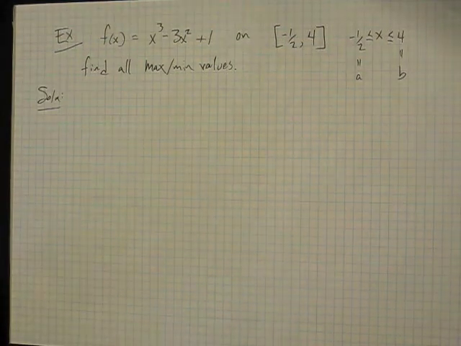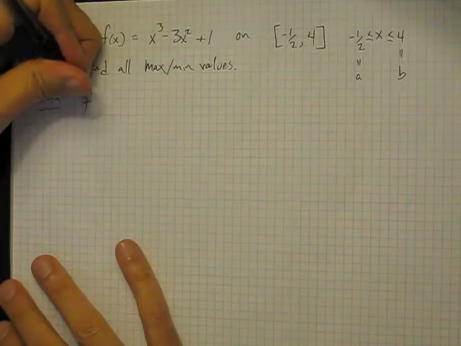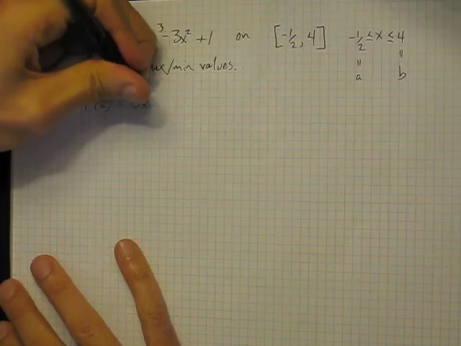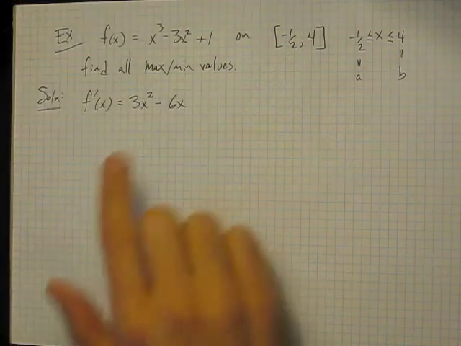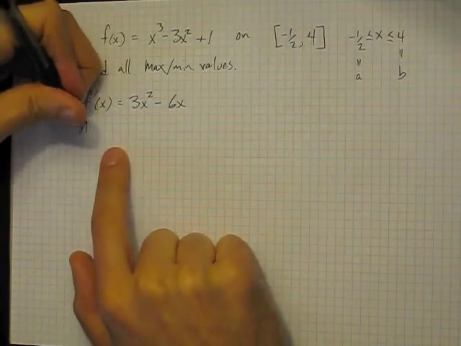So the first step that we had was to locate all of the critical numbers for this function. So we compute the derivative of this, and we get 3x squared minus 6x. Okay, that's the derivative. Now we want to know all values.